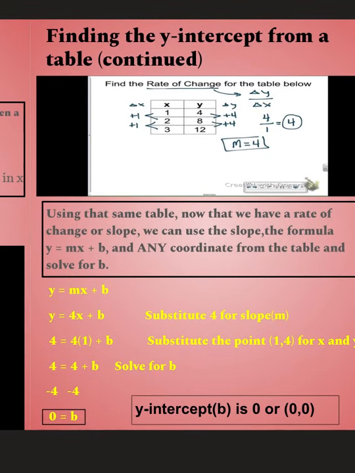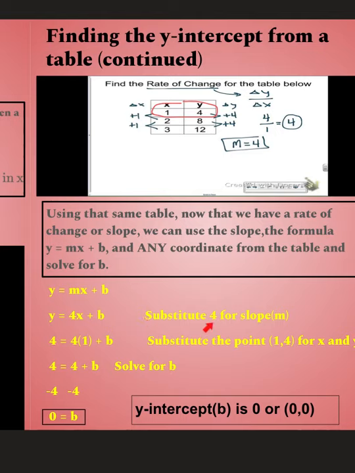So using that same table of values we have up here, we have the slope of 4. We're going to use the equation y equals mx plus b and any coordinate from the table and solve for b. Let's say we choose the first. Write down the slope-intercept equation, y equals mx plus b.